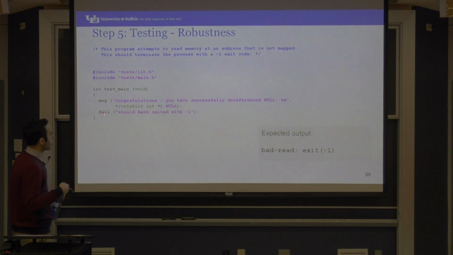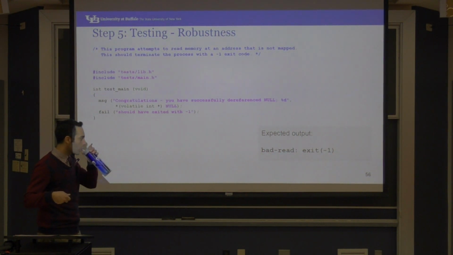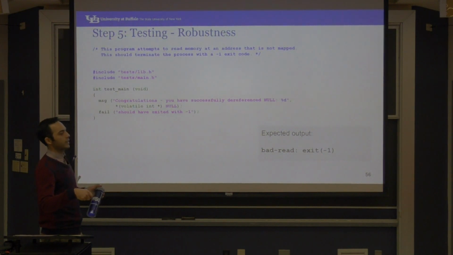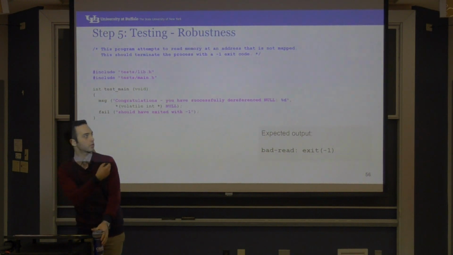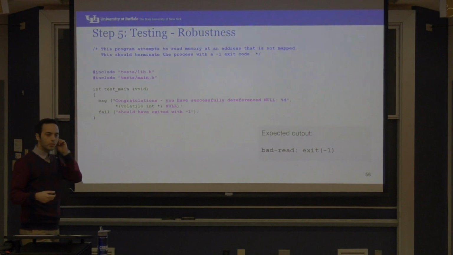Otherwise, if this does not happen and we reach here, you should have exited with -1. So the expected behavior is that the kernel prints the termination message here. The bad read is the name of the test executable, and the exit status should be -1 because the kernel is stopping the user program for this reason, right?